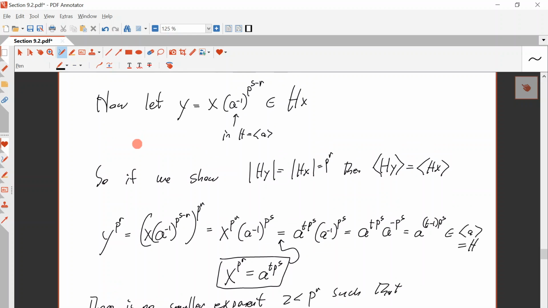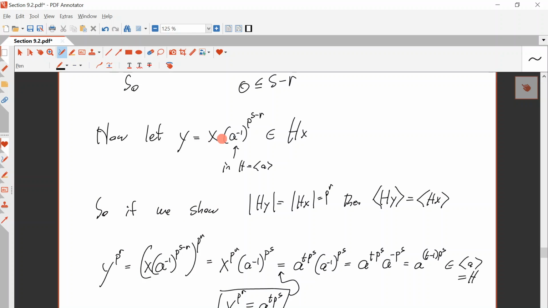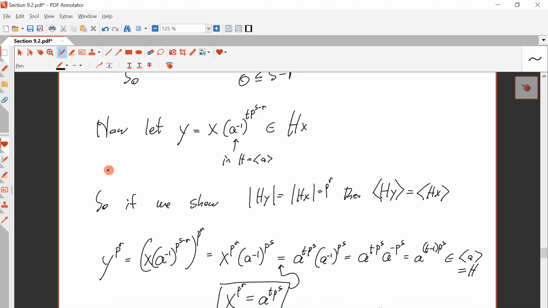Okay, just a little error here. y is equal to x a inverse to the p to the s minus r, to the t p to the s minus r. That's what it is.